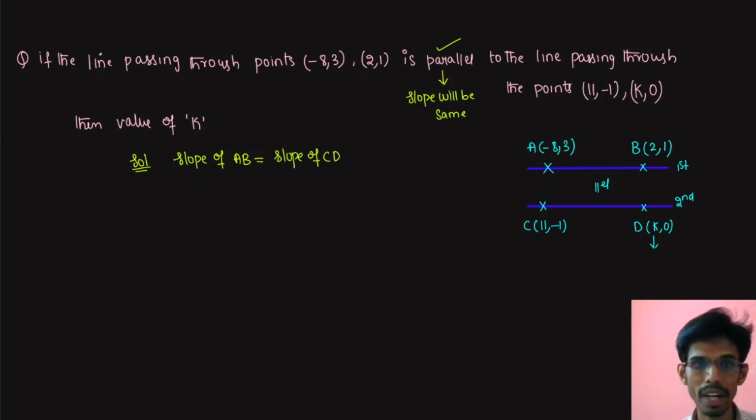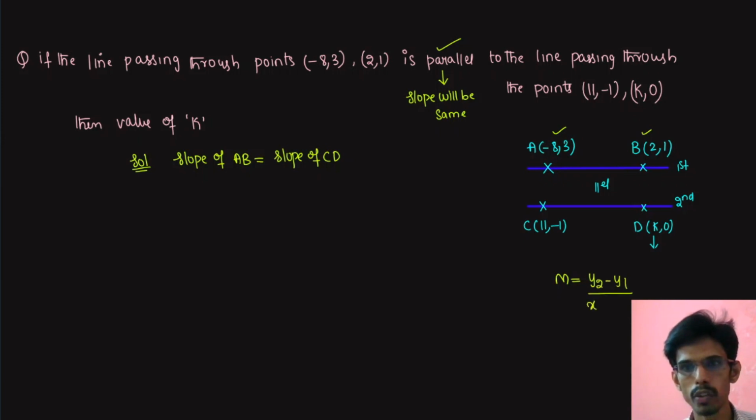When points are given, slope can be found using the formula m equals y2 minus y1 upon x2 minus x1, the difference of y coordinates by the difference of x coordinates. I'll take the slope of AB first.